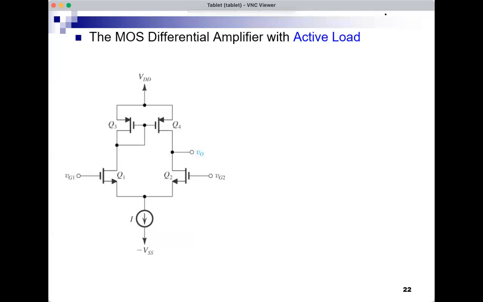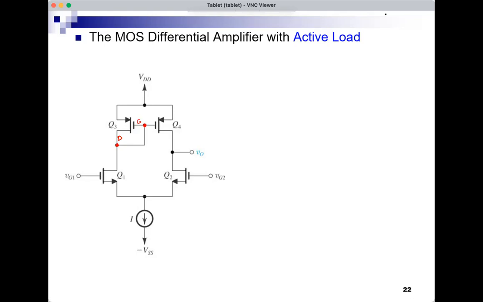But when the P MOSFETs are connected like this, Q3 has a short between its gate and its drain. And there's no V bias here. There's no DC voltage connected to this. It's just a short between gate and drain. That's it. We call this differential amplifier with active load to refer to this special configuration.